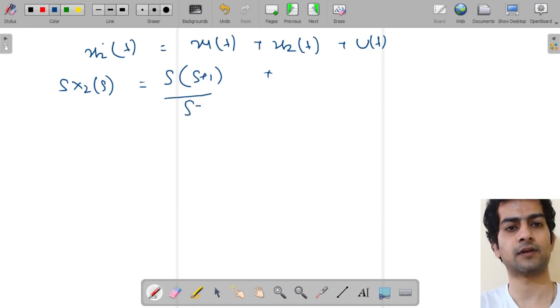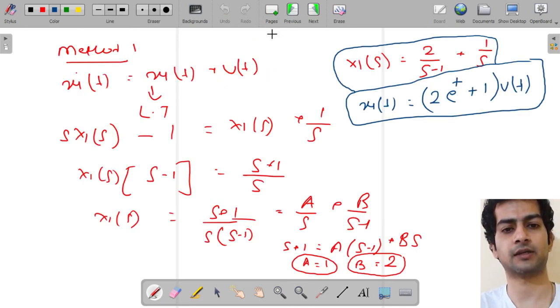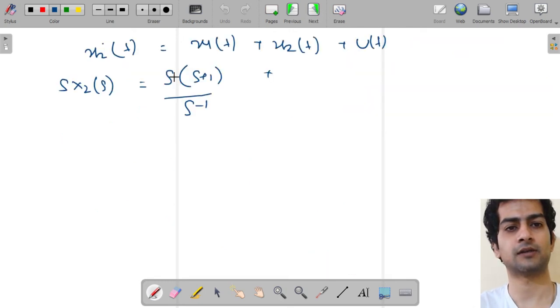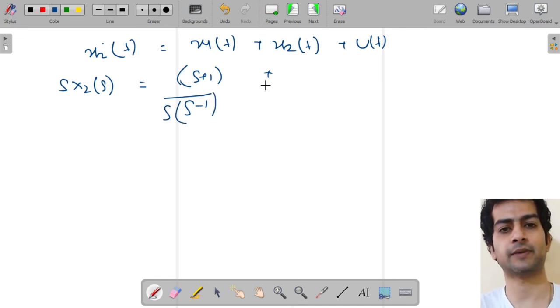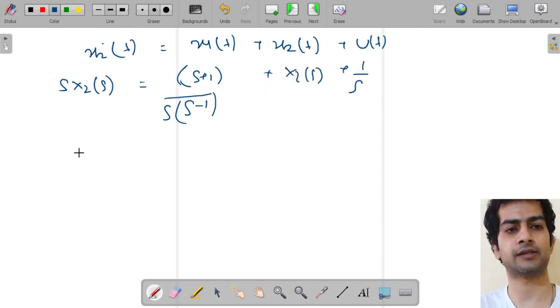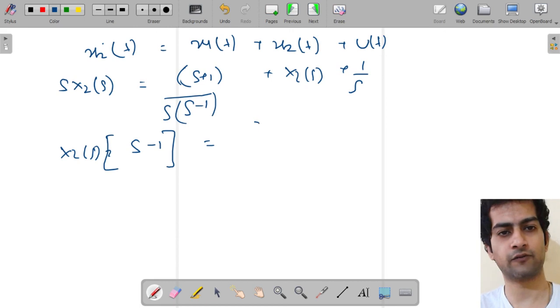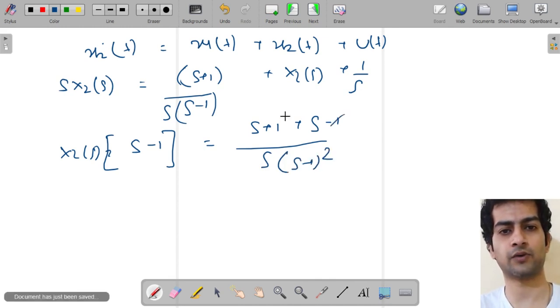This s will come here. s plus 1 by s minus 1. This will become x2(s) plus 1 by s. So x2(s) will become 1 by s minus 1, and here we will get s plus 1 plus s minus 1 by (s minus 1) whole square.